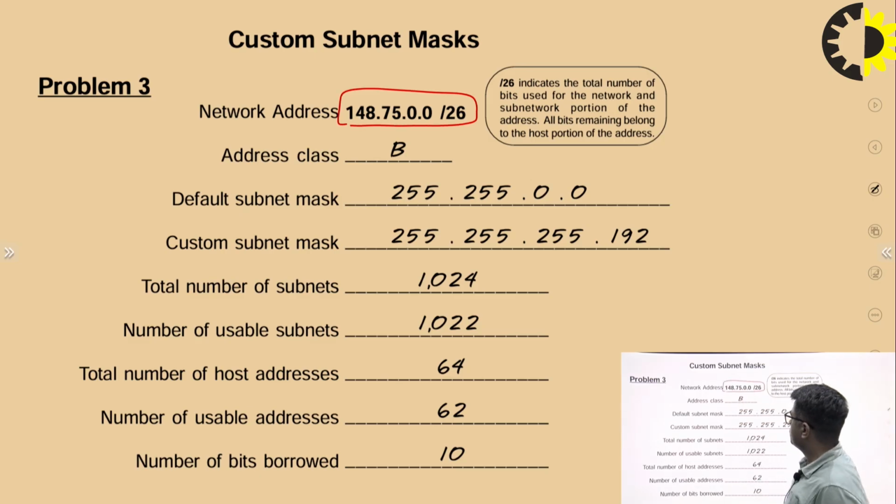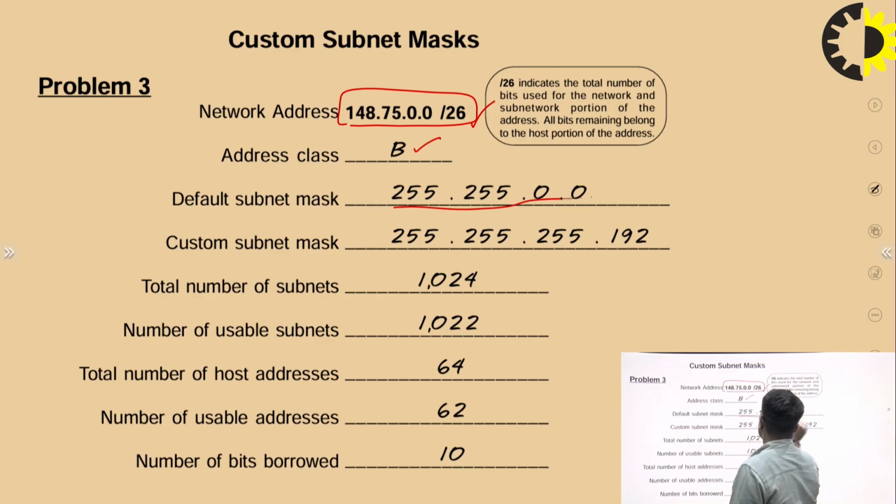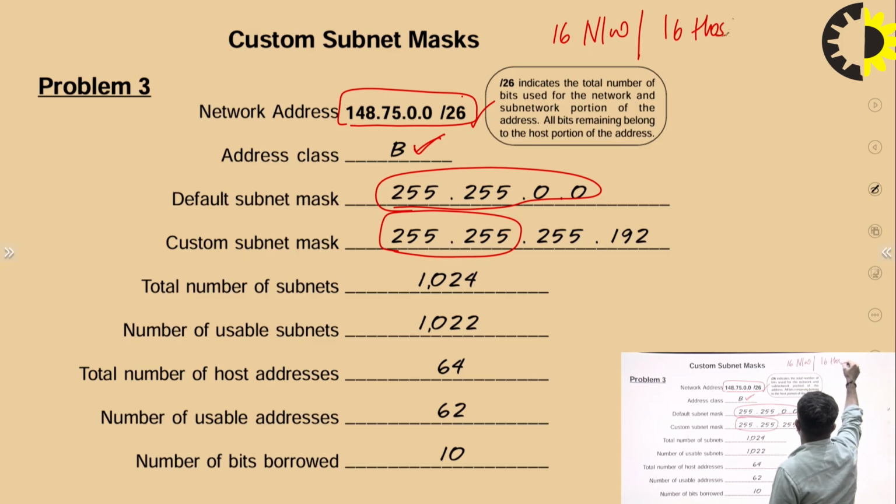The class is not mentioned, but /26 is mentioned. So by /26, we mean class B, and again this is the default mask, 255.255 are there. /26 means it is a class B address. Class B address means 16 network and 16 host bits.